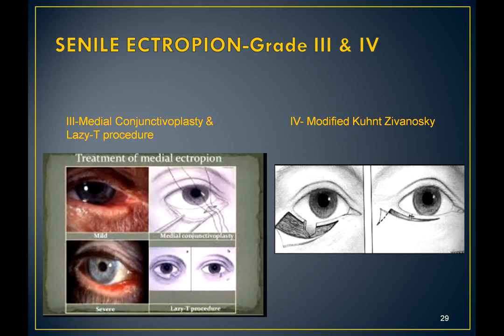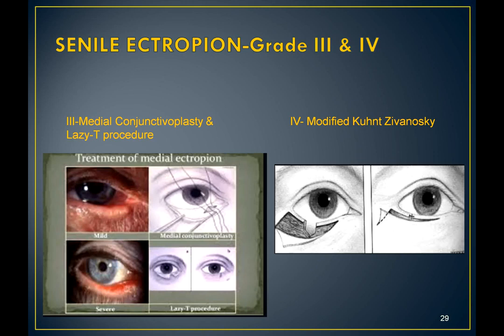As you see in the upper part of the picture, we make a diamond shaped incision on the tarsal conjunctiva just behind the punctum, and then excise this tarsal conjunctival tissue and suture this wound in horizontal direction.